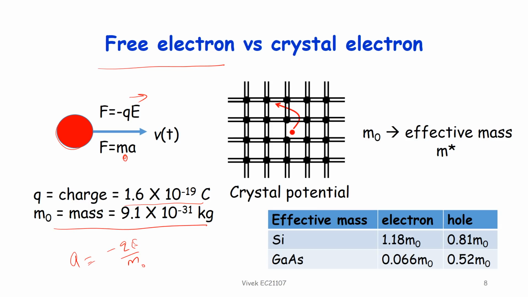So that means acceleration is finite, and velocity will keep on increasing. Will it become infinite or will it stop somewhere? Of course, as the electron moves faster, it will experience some drag. Drag could be due to other electrostatic forces or whatever mechanism may be there, but obviously velocity cannot be infinite.